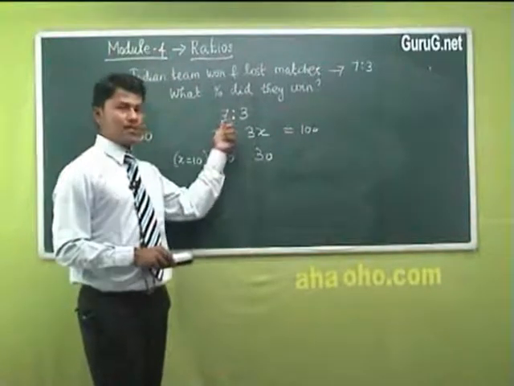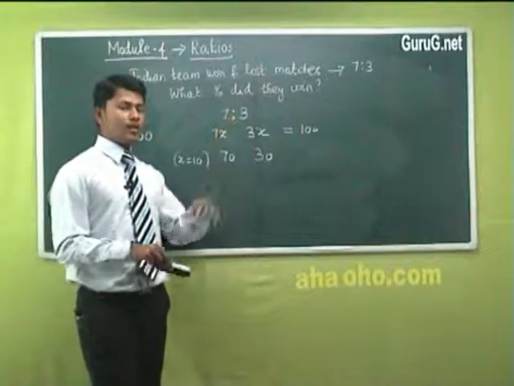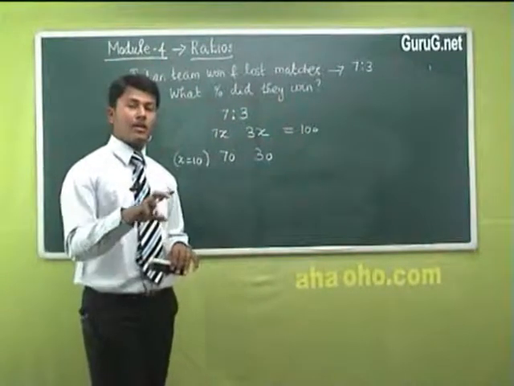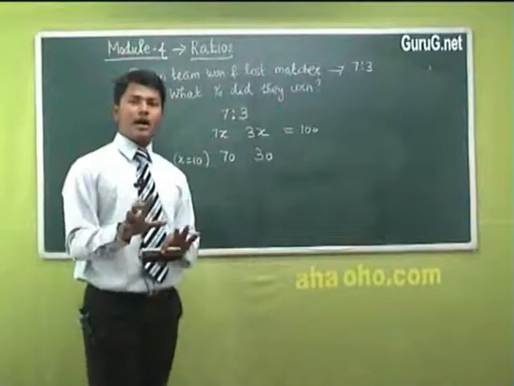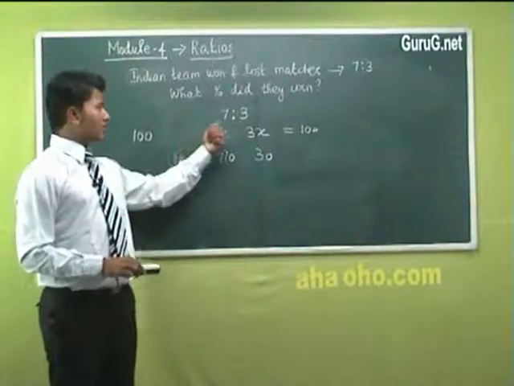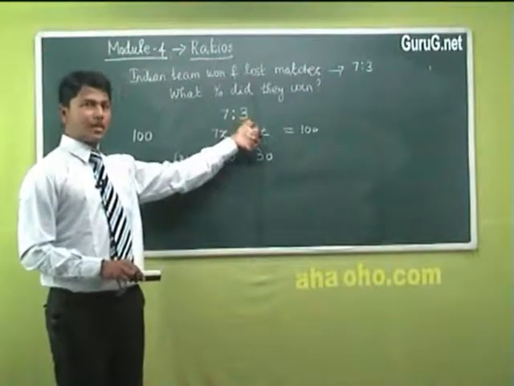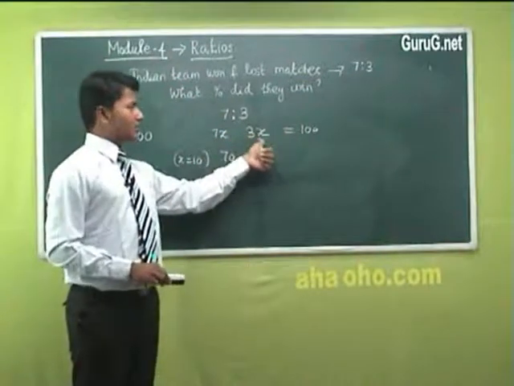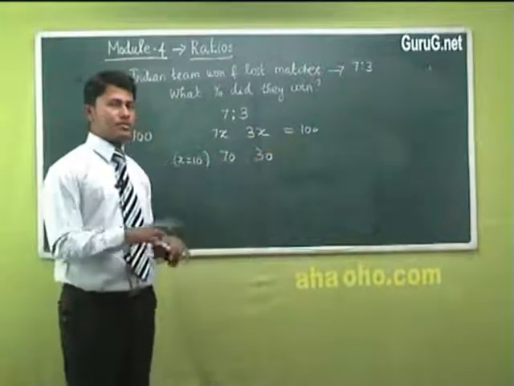The ratio given is 7:3. That is, they have won and lost the matches in the ratio of 7:3. Keep 100 matches. How will you obtain the sum of these two as 100? By multiplying 10 on both sides. As I said, represented in the form of 7x and 3x. 7x plus 3x is equal to 100, in the sense x must be 10.